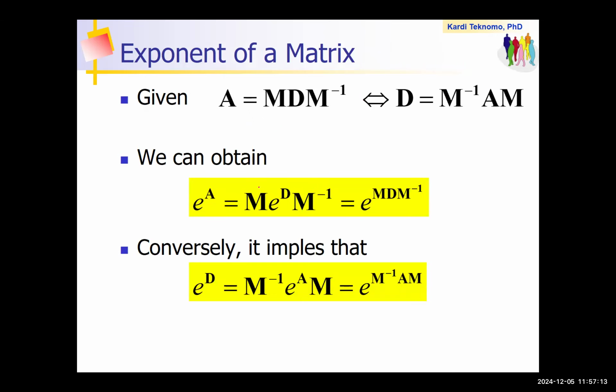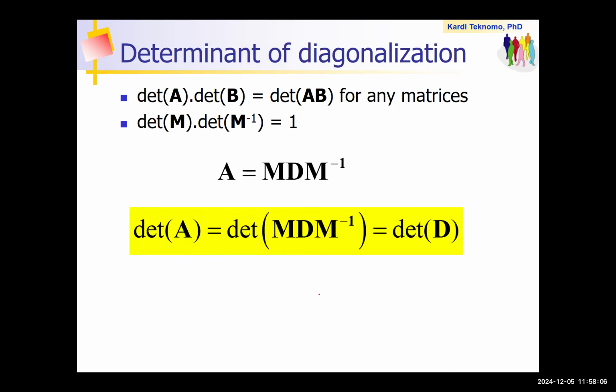So you can get back. There is a connection between the diagonal and the actual matrix, as long as you can get the modal matrix. Remember, the modal matrix represents the basis. That's why you can do it like this.